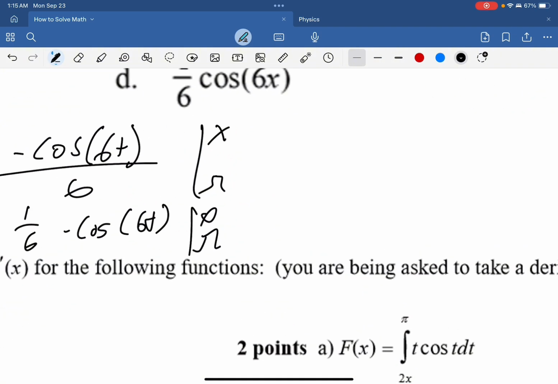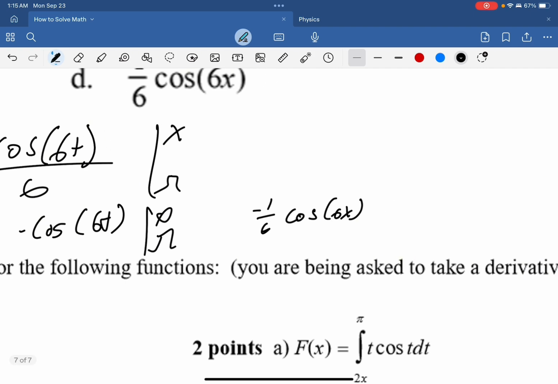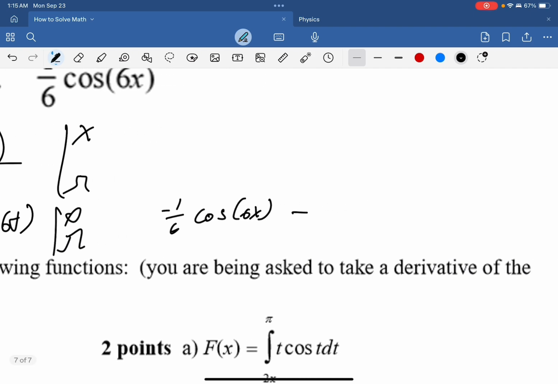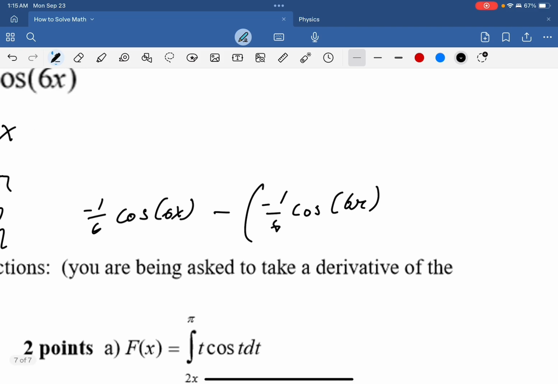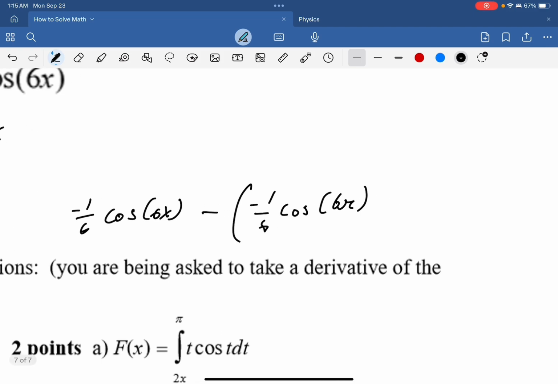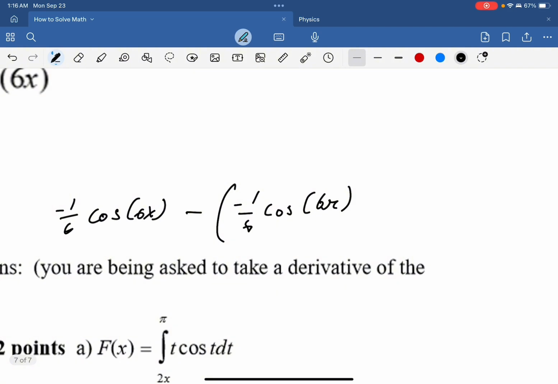So we're gonna do negative 1 over 6 of cos of 6x minus negative 1 over 6 of cos of 6 pi. And cos of pi is just 1, and any pi after that is just going to be 1 again.